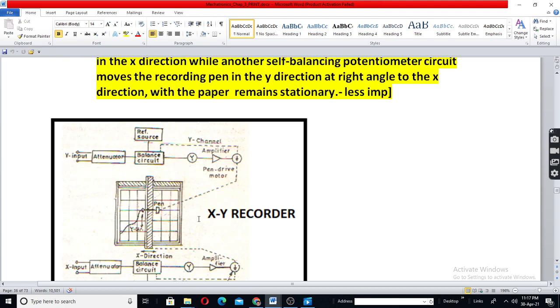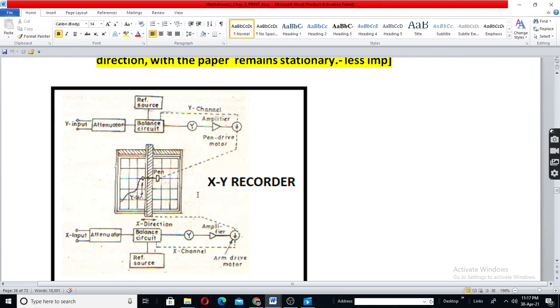Next is the XY recorder. Here there is a single chart. The paper will not move continuously. It is a fixed chart. The pen will be moved by two inputs.